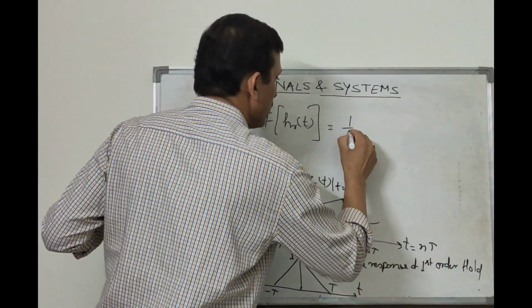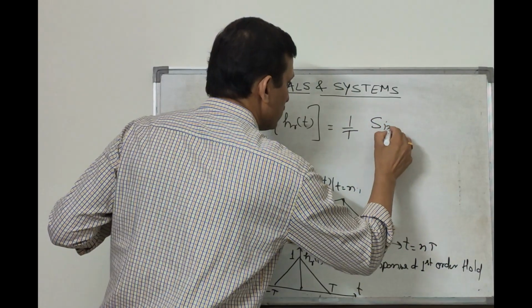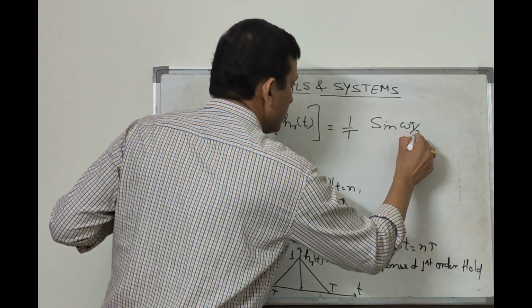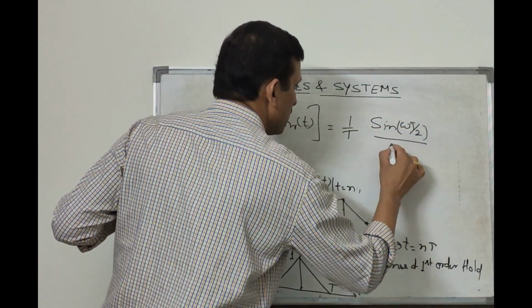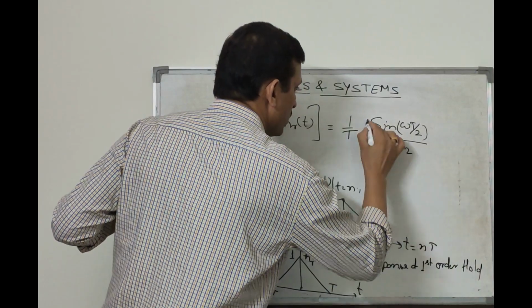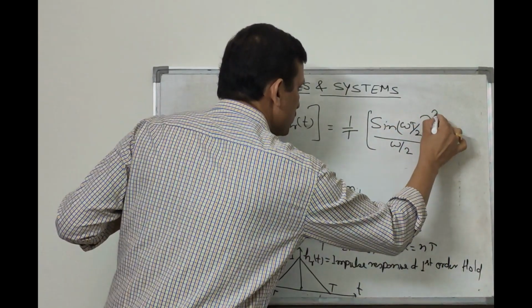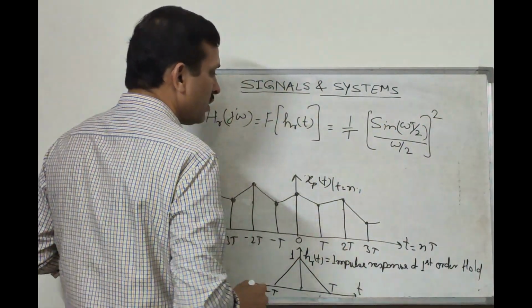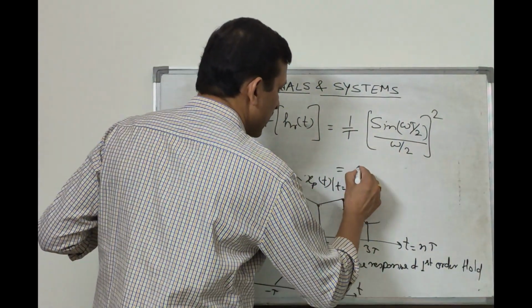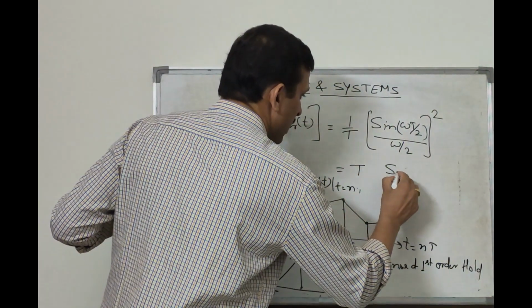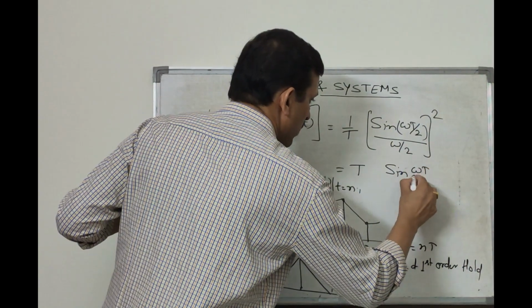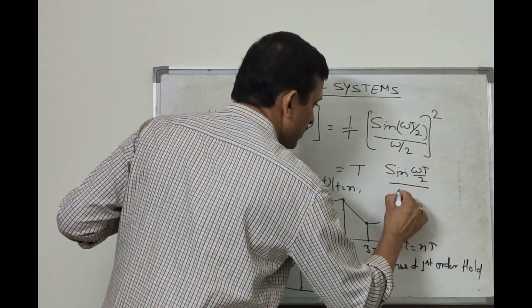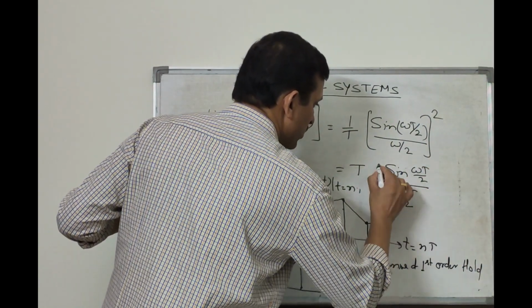It is (1 upon T) times sine(omega T upon 2) upon (omega upon 2), the whole squared. Or the same you can write as T times sine(omega T upon 2) upon (omega T upon 2), squared.